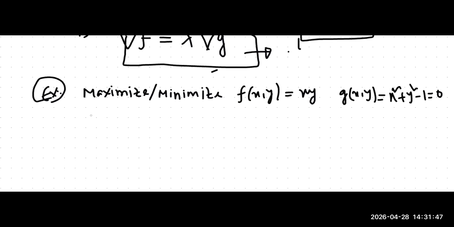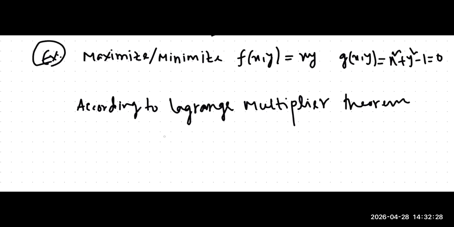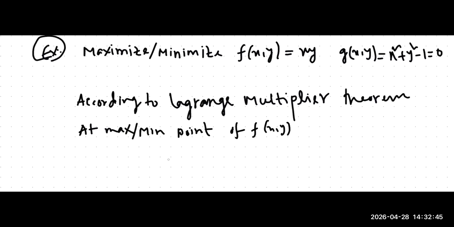Okay. So according to Lagrange multiplier theorem, at max or min point of f of x comma y, gradient of f is equal to lambda times gradient of g.